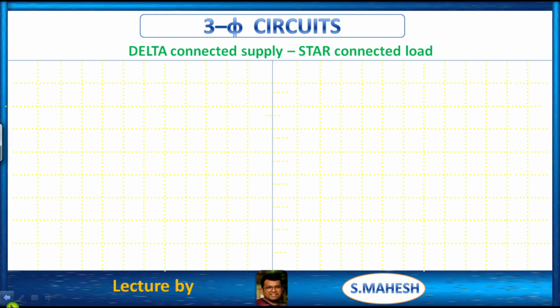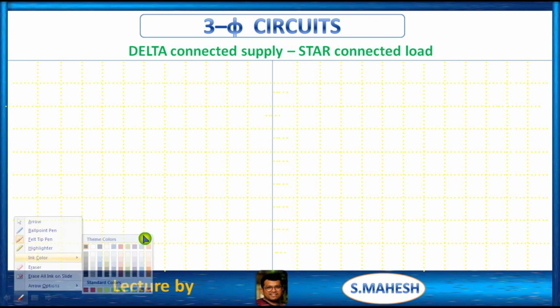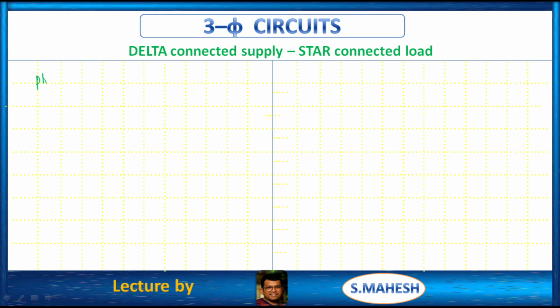Therefore, phasor diagram. Simple. First we have to draw phase quantities, VR, then VY, then VB. Completed. Next, what is IR? Which leads phase voltage by 53.13 degrees.